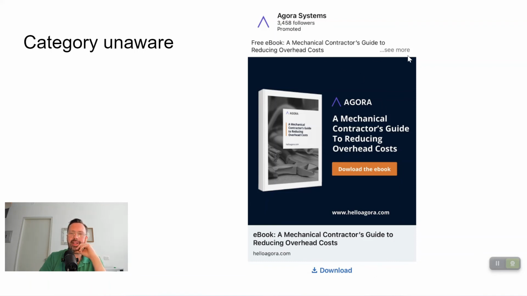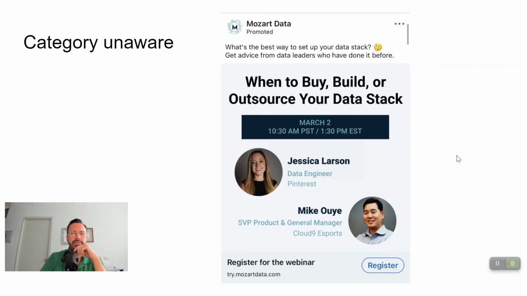I like that they're not just using the minimal cost or allocation for text space here. They're going to fill it up with more information and basically educating people on how this problem of high overhead costs can be solved. The solution is going to be something related to the category that Agora Systems is in and positioning themselves as a leader in that space.